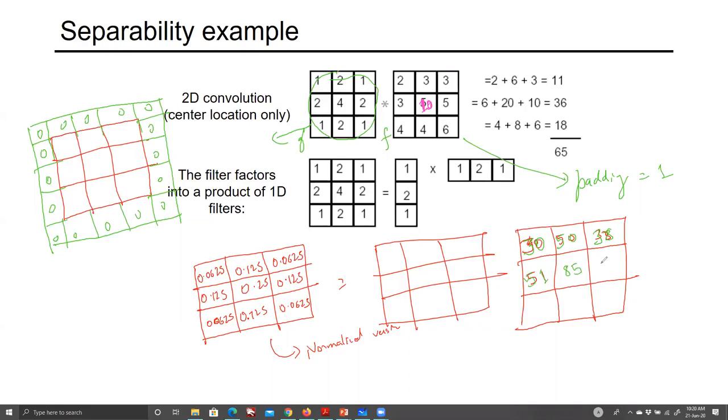Next one, 65, 65, then 40, 64, and the last one I'm calculating. Okay, 52. Yeah, 52.